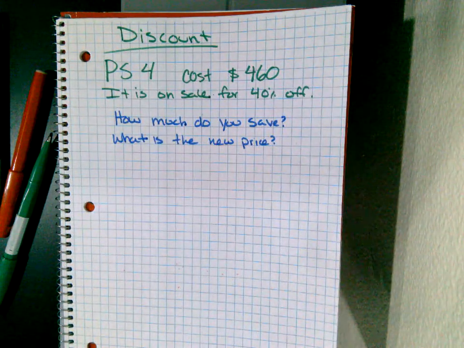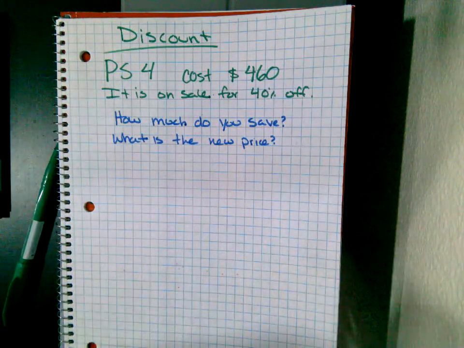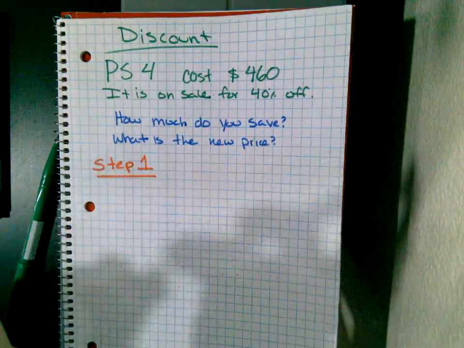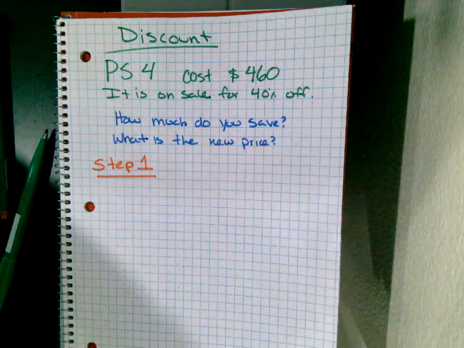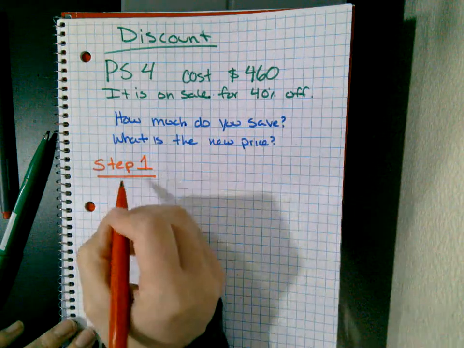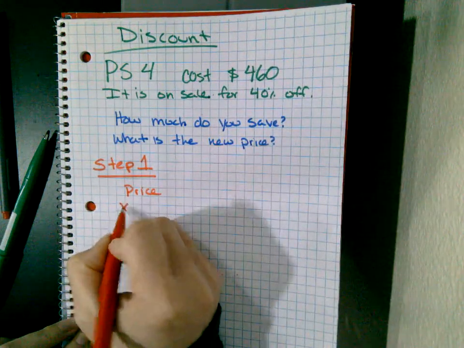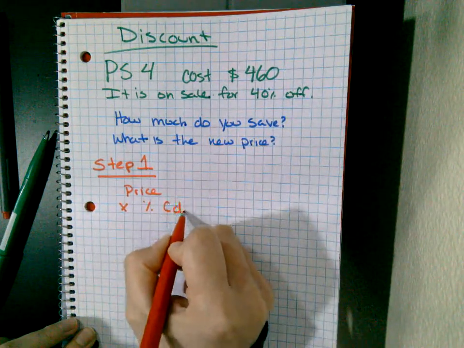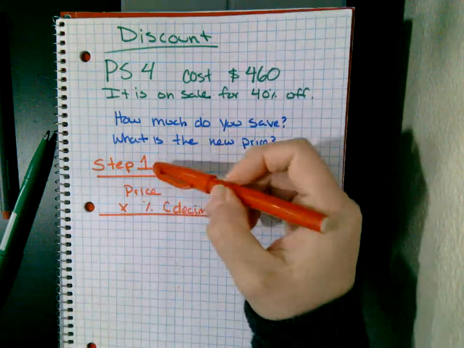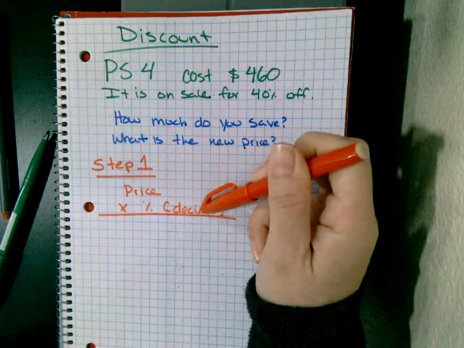Okay? So in order for us to do discount, there's always two steps involved. For step number one, you're going to take the price of your item and multiply it by your percent written as a decimal.